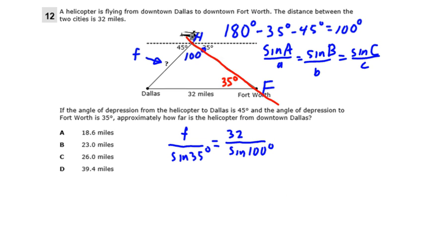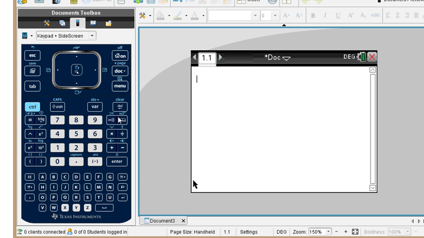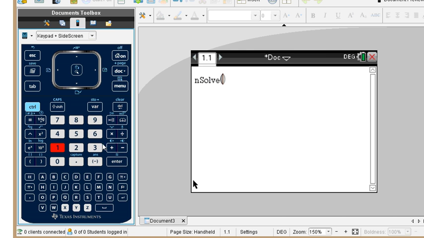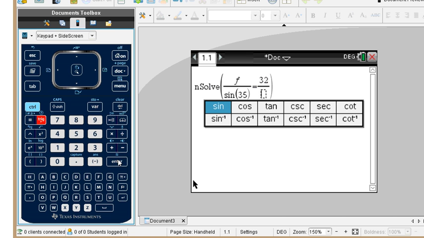And we can use a TI-Inspire CS calculator, something called numerical solve, where we go to menu, 3, 1, and we go here: F over the sine of 35 degrees is equal to this side H, which is 32 miles apart, over the sine of 100 degrees.